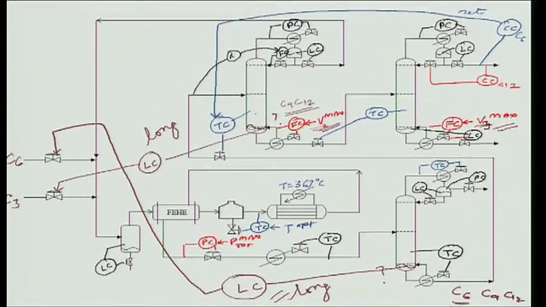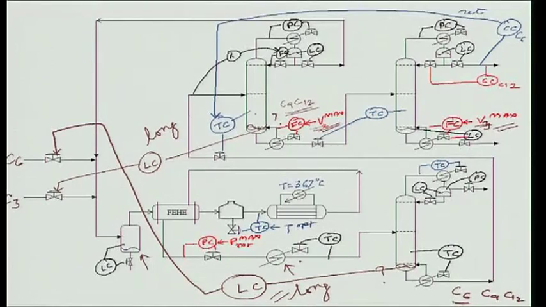Now, the question is, will these level controllers work in practice? What do you have in this column? You have a small amount of lag in the vaporizer, and then you essentially have flow through a pipe, because everything is flow through a pipe. There is a small lag associated with the condenser, but the rest is just flow through a pipe.